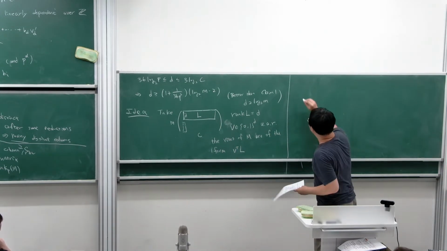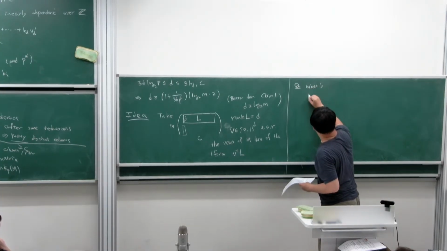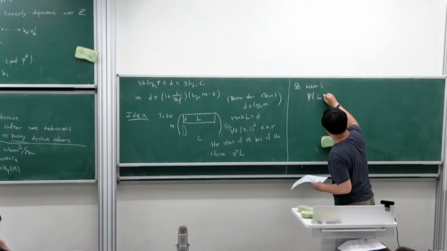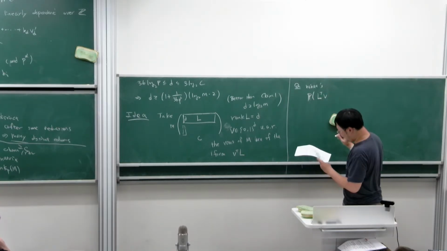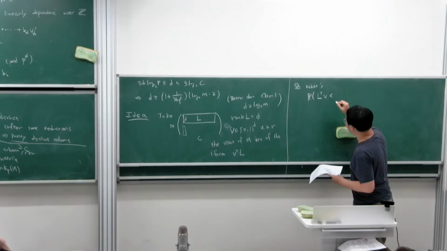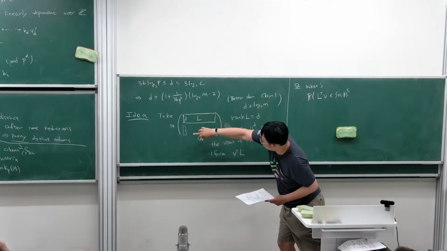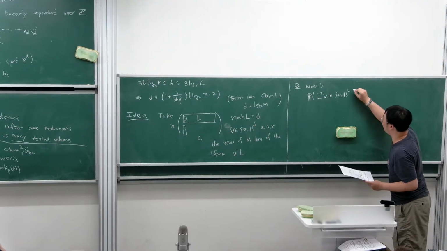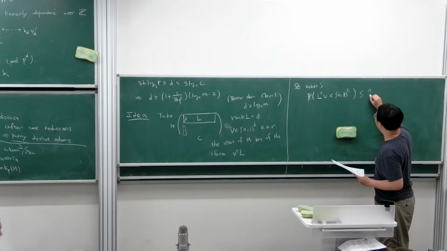So the question is, what's the probability that, okay, I'm going to transpose a little bit, so I'm writing L transpose v. What's the probability that L transpose v is a 0, 1 vector? And since the number of entries is c, so this is 0, 1 to the c. So we want to upper bound this.